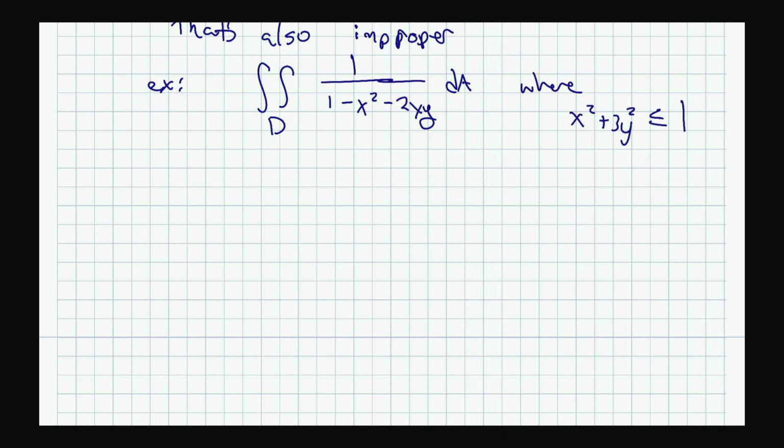Let me read this theorem here. Okay, well, yeah, forget it.